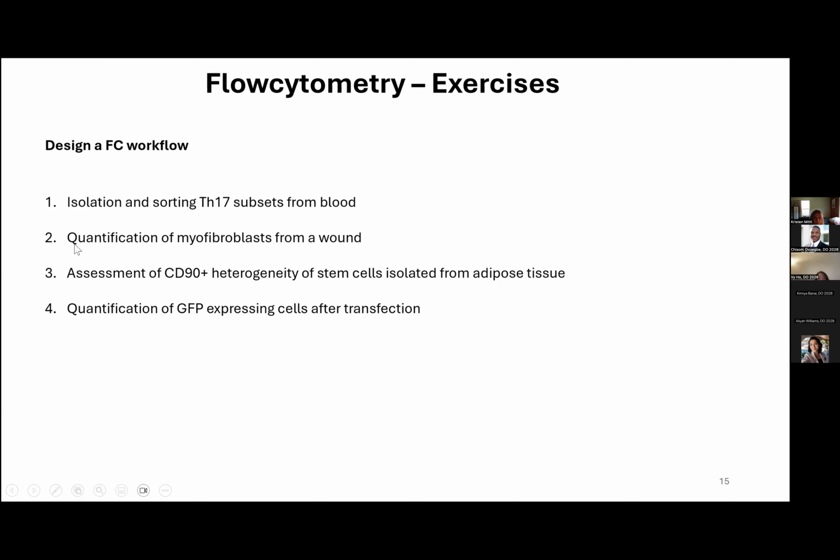Second, quantification of myofibroblasts from a wound. Then CD90 plus heterogeneity of stem cells isolated from adipose tissue. And quantification of GFP expressing cells after transfection. You can choose any one of these.